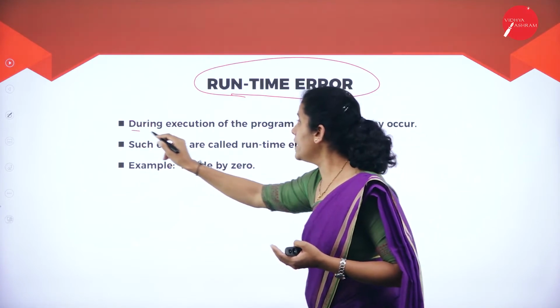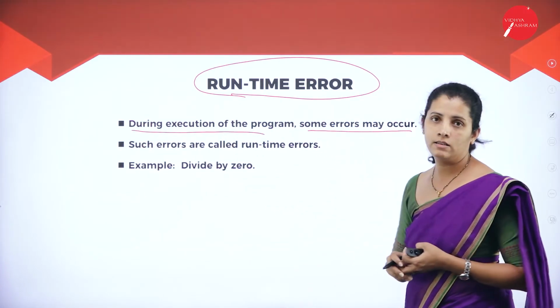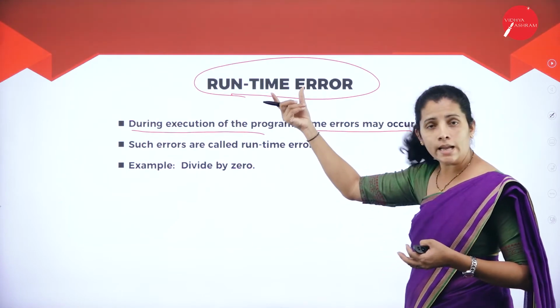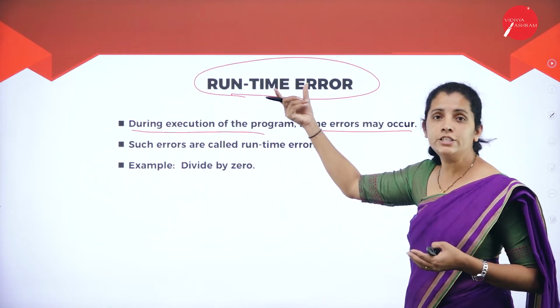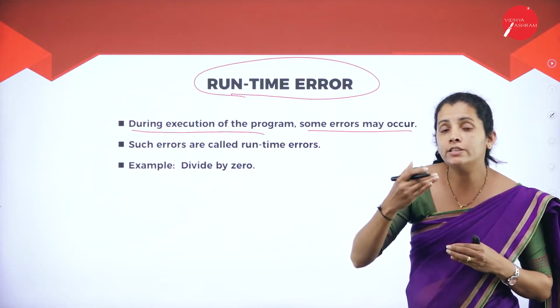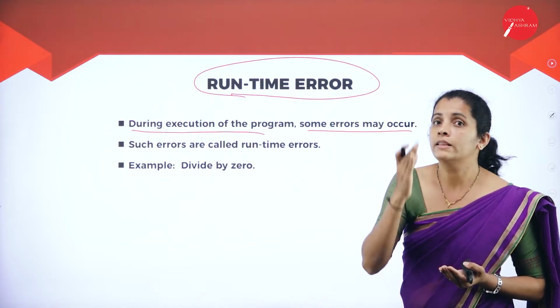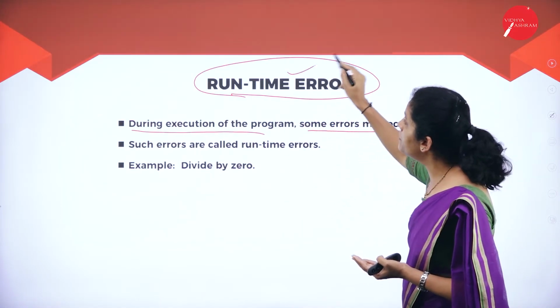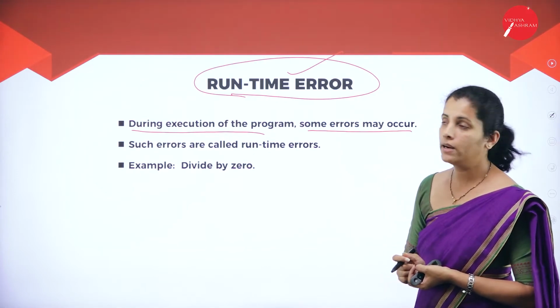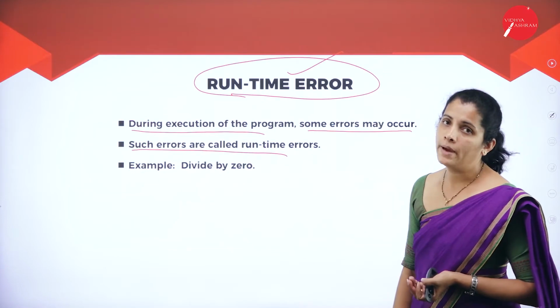So during execution of the program, some error may occur. What is runtime? That is nothing but the execution time of your program. While executing your program, you may get an error. That kind of error is itself called runtime error.